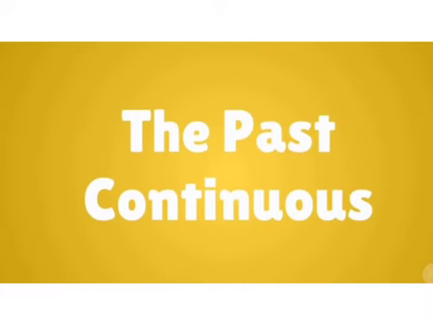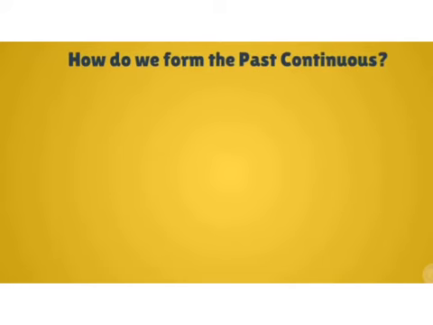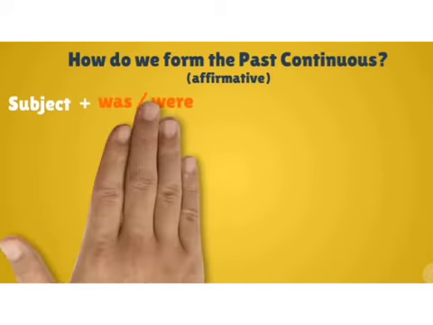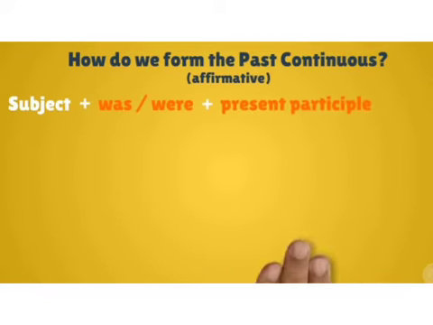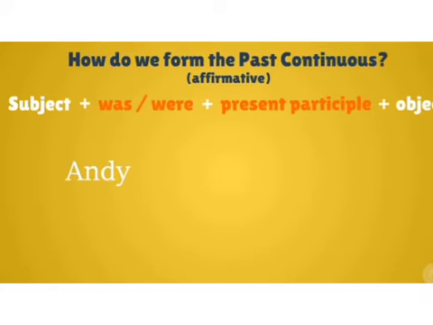Past continuous is an action that is going on at some time in the past. Understood? So the action must be continuing in the past. So let's have an example for an affirmative sentence. Let's have subject plus was or were plus present participle, that is verb plus ing, plus object.